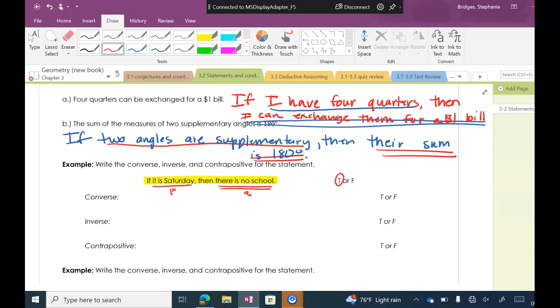So this is what we do. We're going to say if I write my conclusion. If there is no school, okay, then I put my hypothesis, which was it is Saturday.